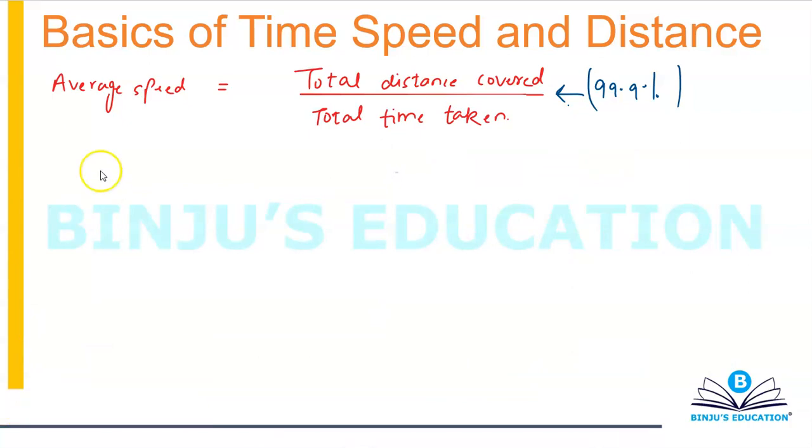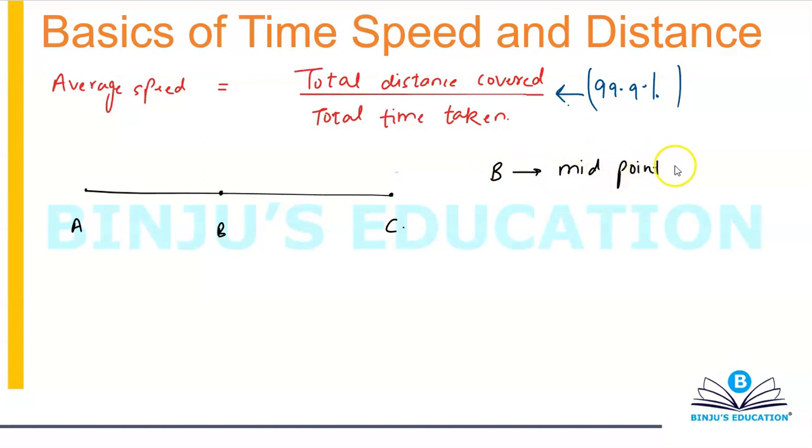So now the question is, there are 3 points, A, B and C, okay? B is the midpoint of AC.